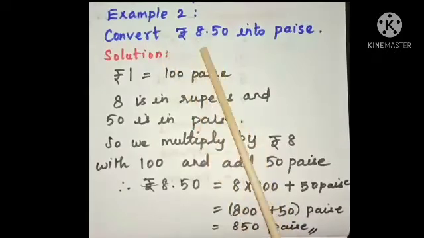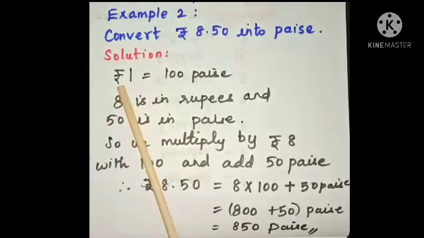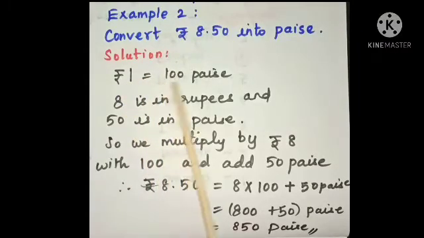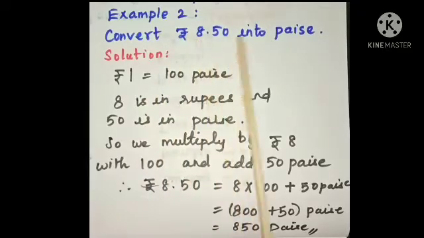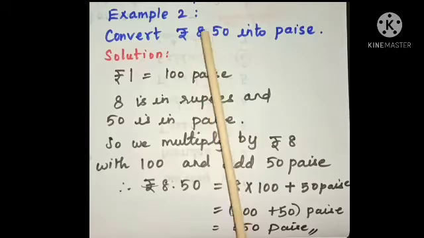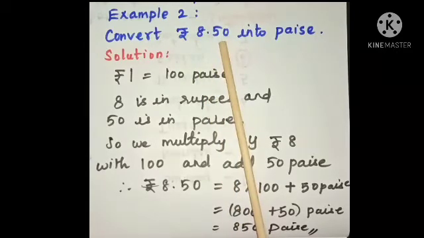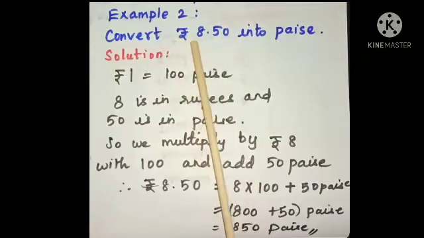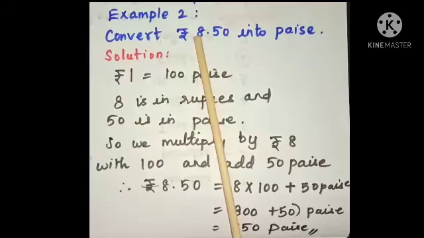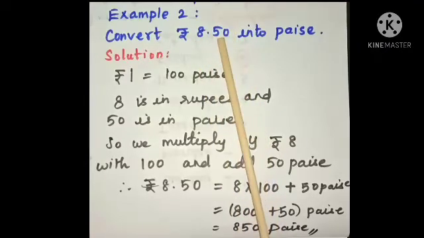Example 2. Convert 8 rupees 50 paise into paise. Solution, as we know that rupees 1 is equal to 100 paise. Here 8 is in the rupees form and 50 represents paise. So we have to multiply 100 with 8 only, and then already 50 paise is there.